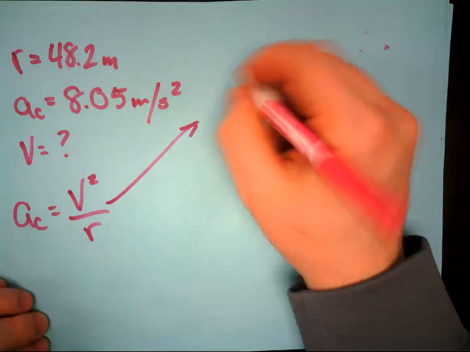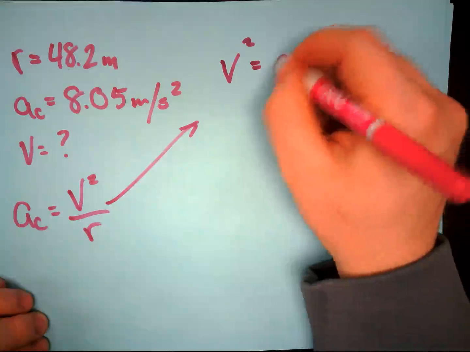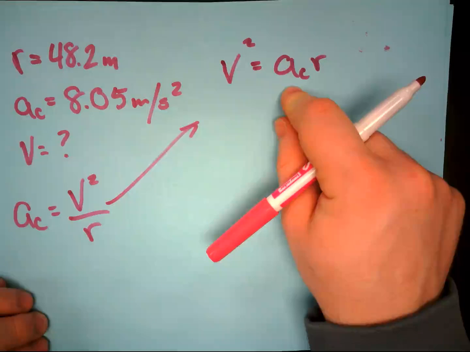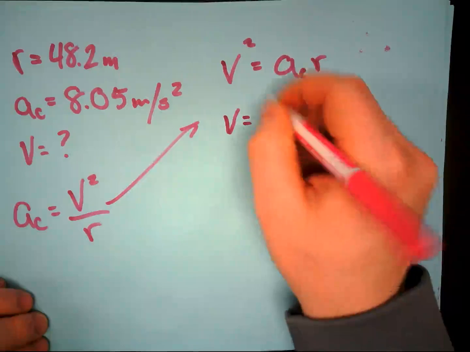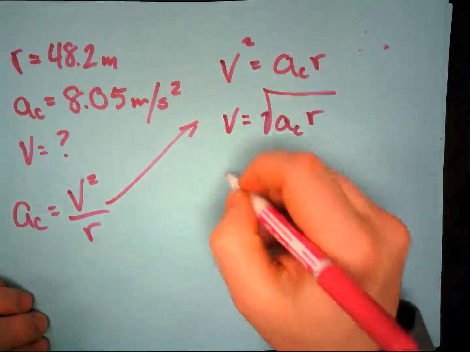When I'm solving for velocity, my radius moves over to the other side, so it becomes centripetal acceleration multiplied by radius. To get rid of the square, we take the square root of everything.